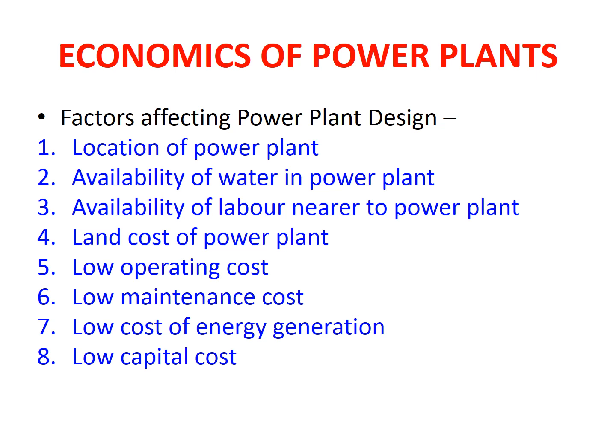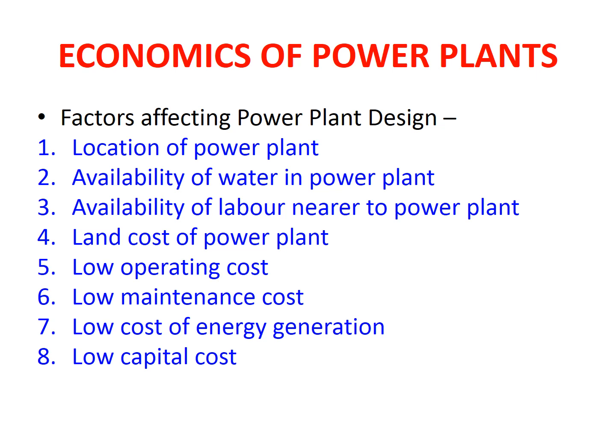Then availability of labor nearer to the power plant. We know that any work cannot be completed without human beings. So for designing a particular power plant or for working in an actual power plant, some labor will be required. That manpower should be available at that particular time, at that particular cost, which is also a factor.